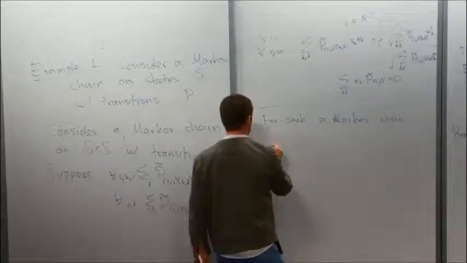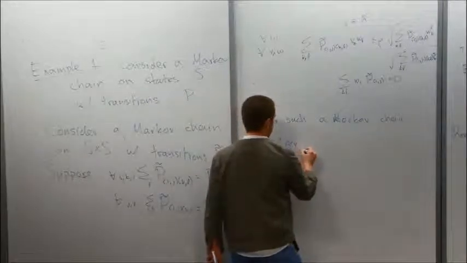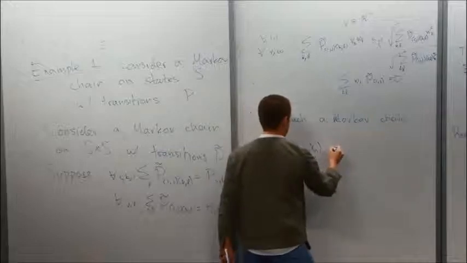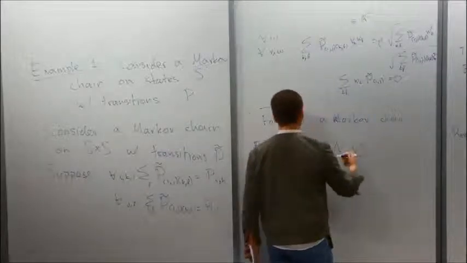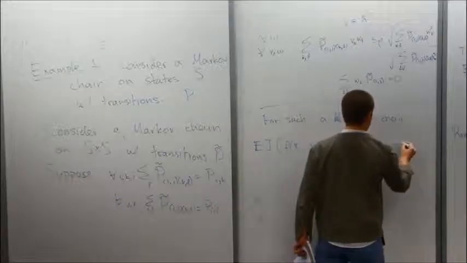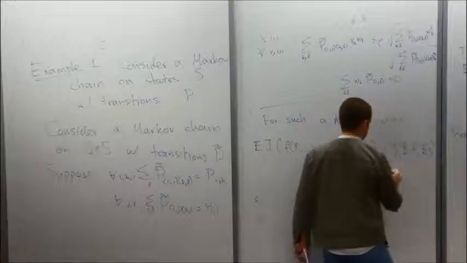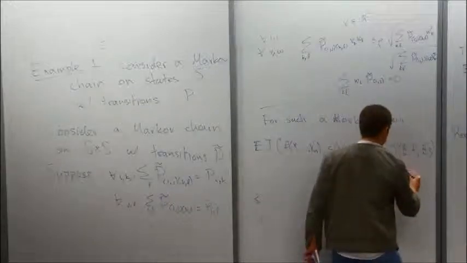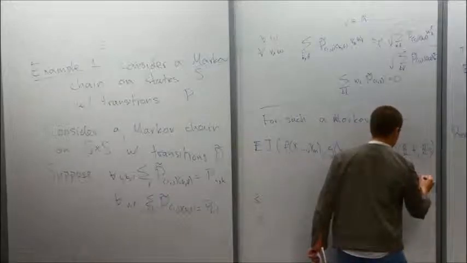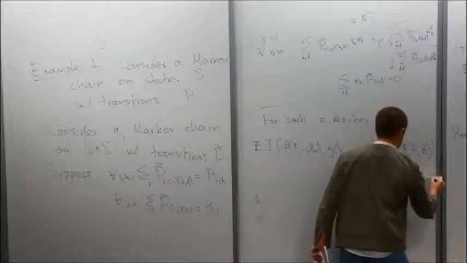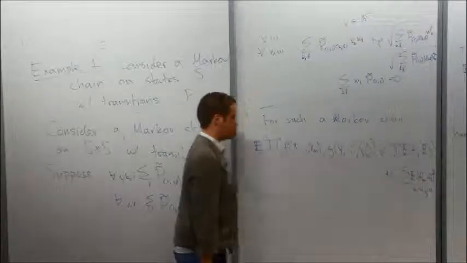It goes like this. Expectation of J of f, so this is a function potentially of the whole path, and a function g that's also potentially of the whole path. This is smaller than J of the expectations, plus a third order error term.